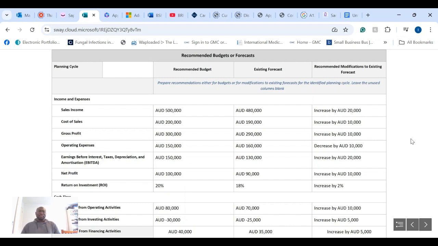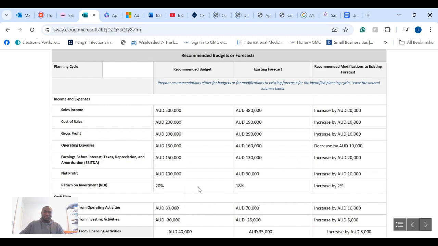Return on investment, we recommend around 20%, and existing was around 18%, so that's an increase of 2%. Cash flow from operating activities is around 80,000, and the existing was 70,000, so that will be an increase of 10,000.